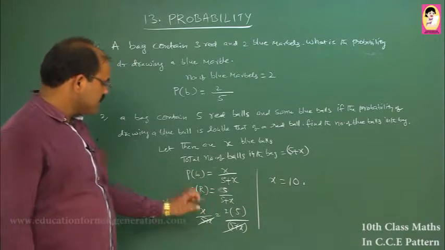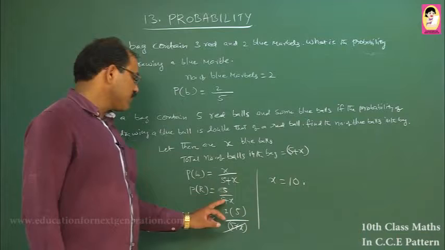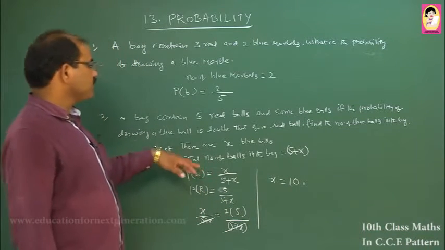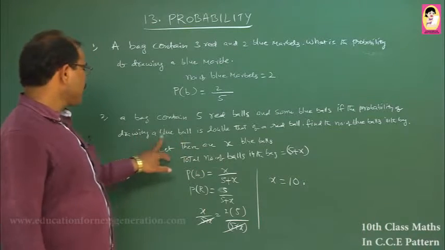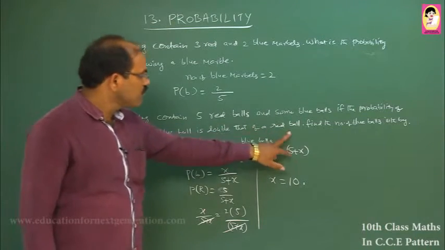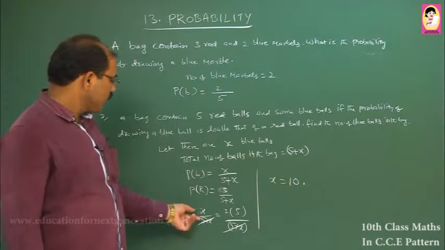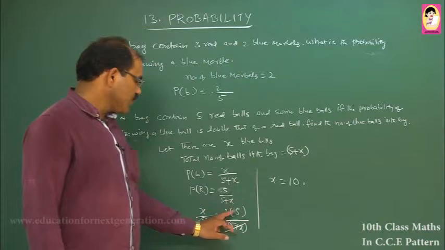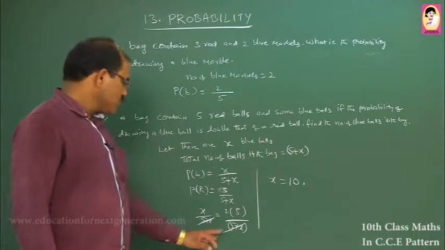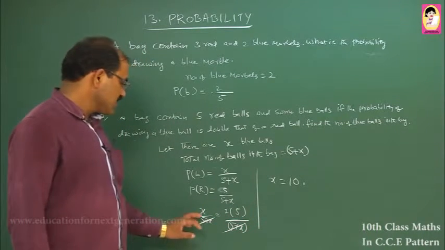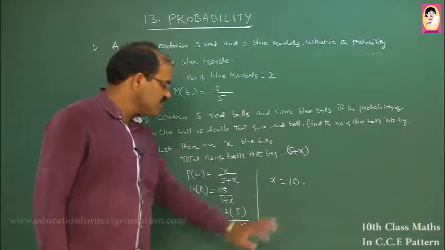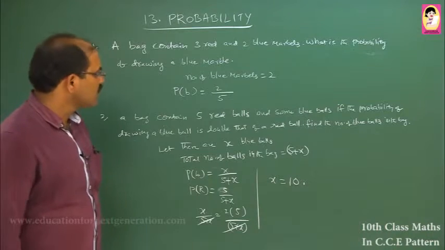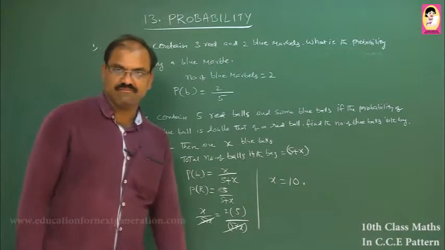The probability of drawing a red ball is 5 by 5 plus x. As given, the probability of drawing a blue ball is double that of the red ball. So x by 5 plus x is equal to 2 into 5 by 5 plus x. Cancelling 5 plus x on both sides, x is equal to 2 into 5, that is 10. So the number of blue balls in the bag is 10.